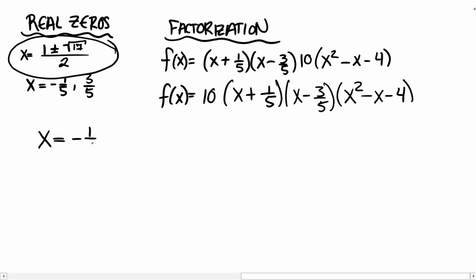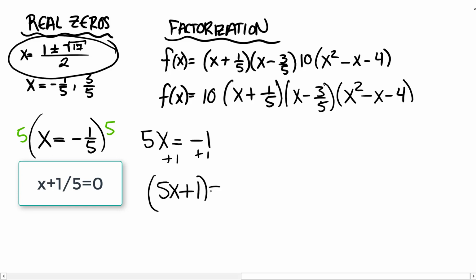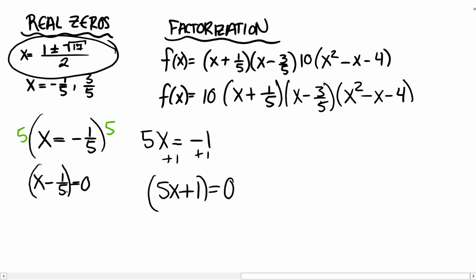if x equals negative 1/5, then x plus 1/5 could be 0. Or I could multiply both sides by 5 and then add 1 to both sides. 5x plus 1 is the same factor as x plus 1/5 because it results in the same 0.